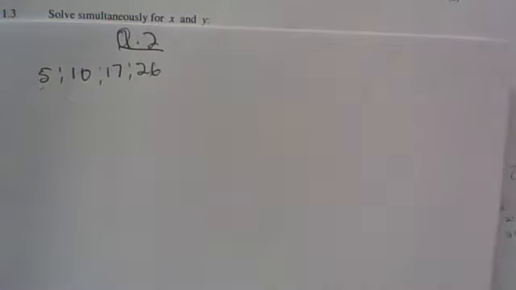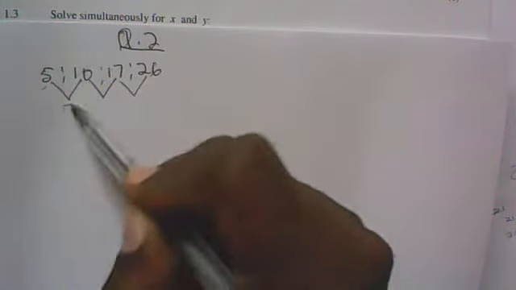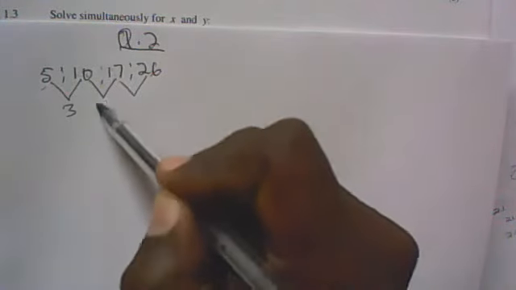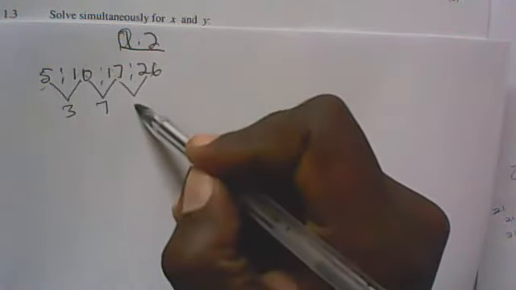Now guys, look at this. 10 minus 5, that gives you 5. 17 minus 10, that gives you 7. 26 minus 17, that gives you how much?